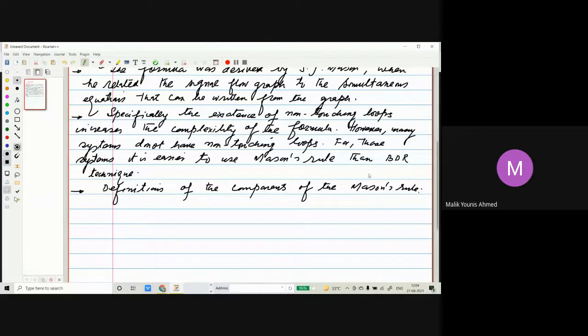So what are those definitions? Let's see them one by one. The first definition is loop gain.